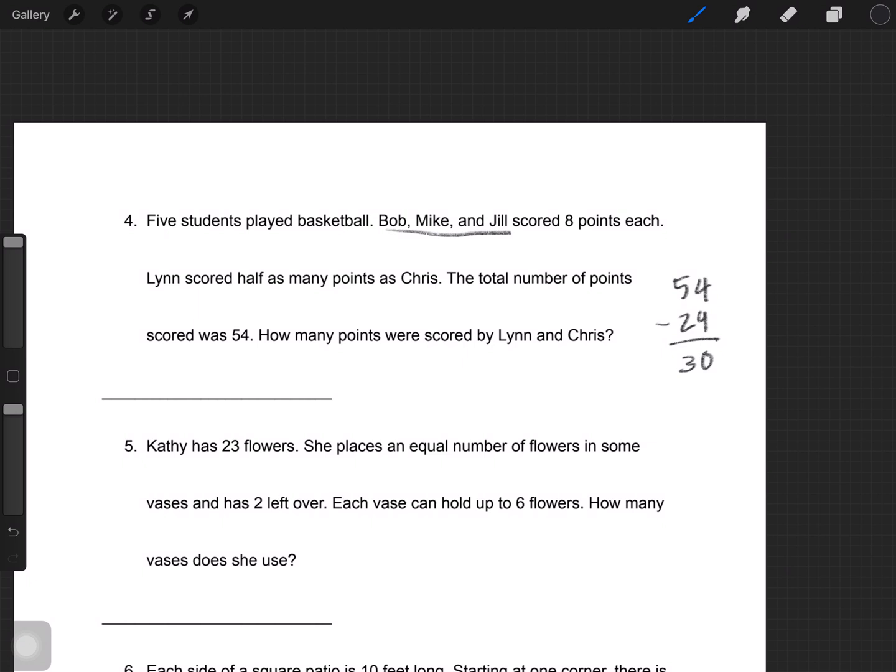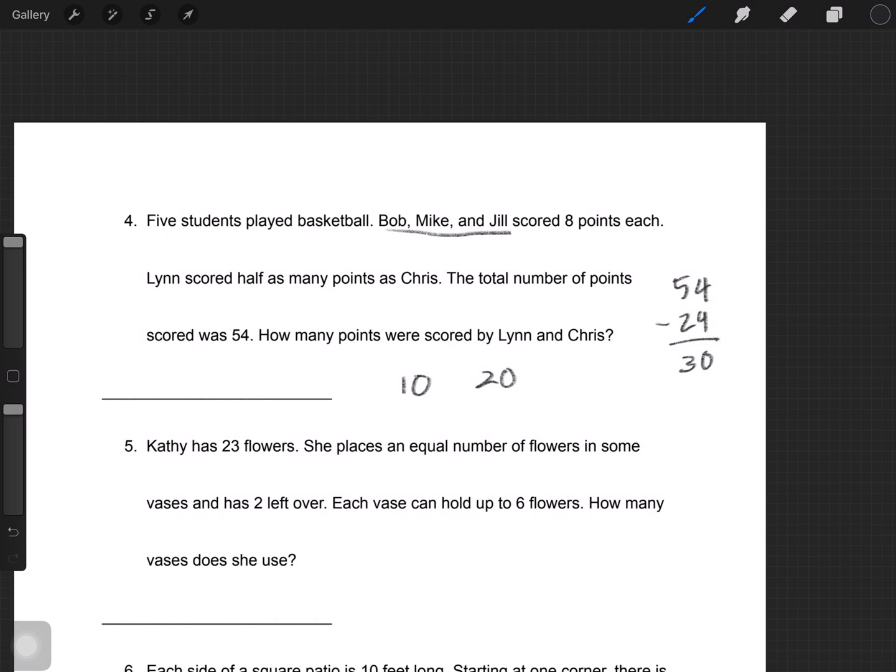And if Lynn scored half as many points as Chris, and both of them added up was 30, I can split 30 up into 3, and so Chris would get 20 and Lynn would get 10, because that 1 to 2 ratio can be easily applied to 30.